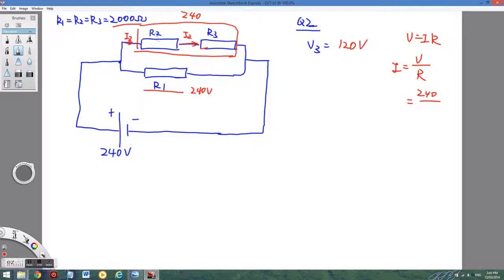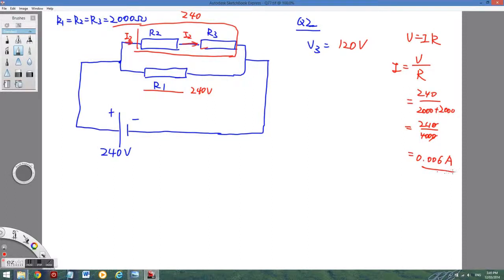Since they are connected in series on the top, it will be 2000 plus 2000. So 240 divided by 4000, we're going to have 0.006 amps.